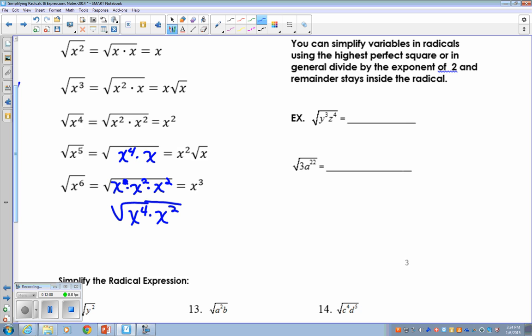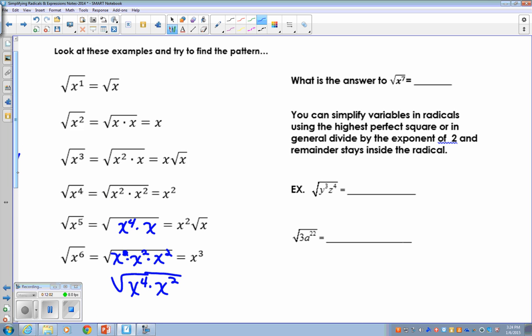Okay. Now, what would be the answer for the square root of x to the seventh? X cubed, that's right. And then the square root of x. Think about it. What's x to the sixth? That's x cubed, right? When you take the square root of it, that's x cubed. And then I need one more. That would have to be x, the square root of x.